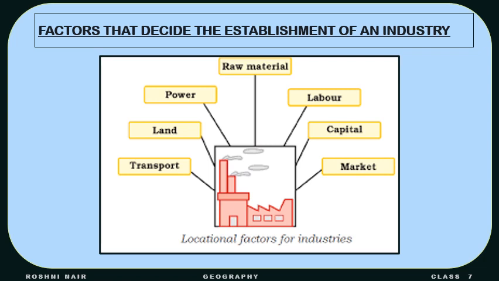So industrial regions emerge when a number of industries locate close to each other and share the benefits of their closeness. So the major industrial regions of the world, in general, I can say when I'm talking about Eastern North America, Western Europe, even Central Europe for that matter, Eastern Europe and Eastern Asia also.